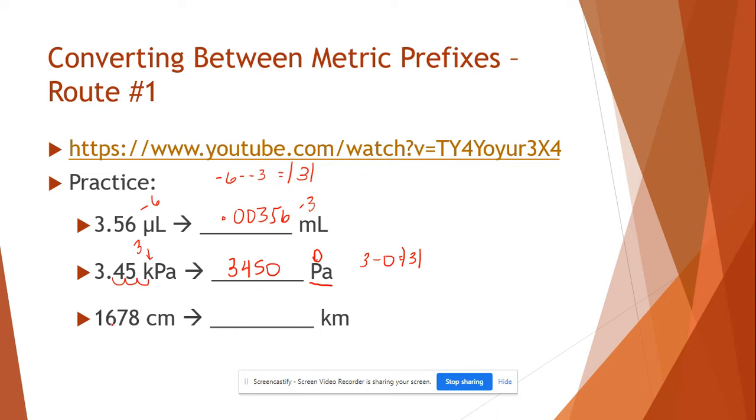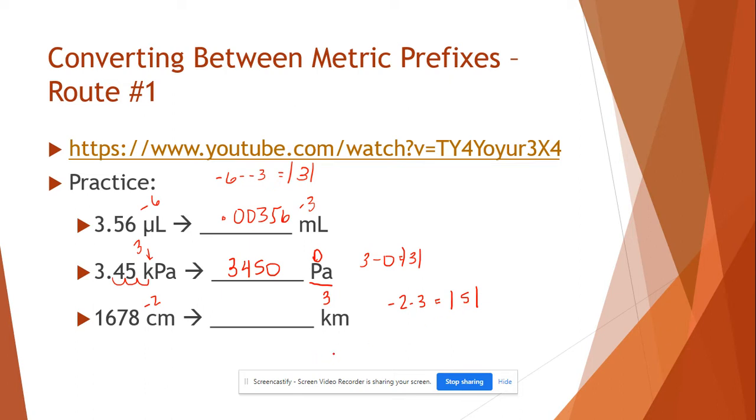The next one down here is centi to kilo. Centi is -2 if you look on that chart, while kilo is a +3. So if I take -2 minus 3, I'm getting an absolute difference of 5. I know I have to move my decimal 5 places.